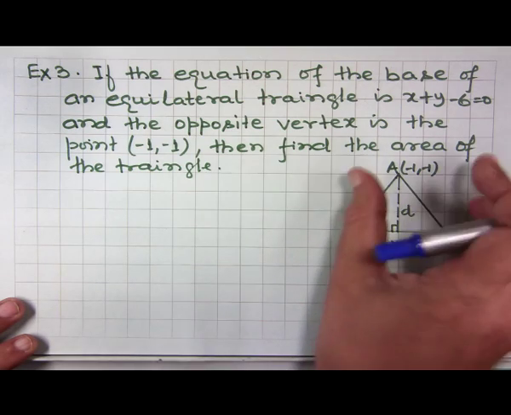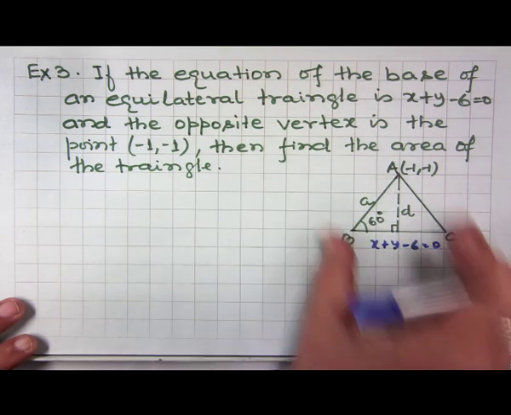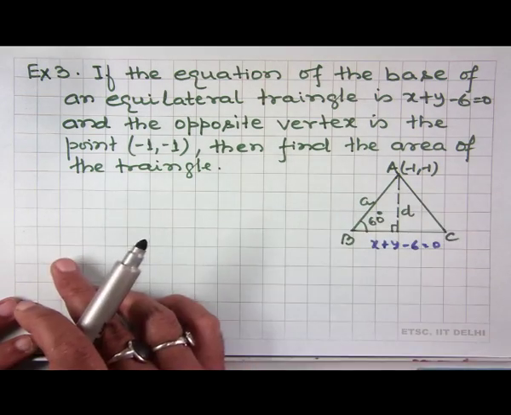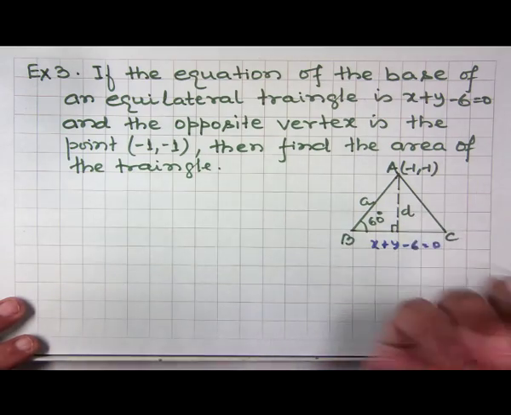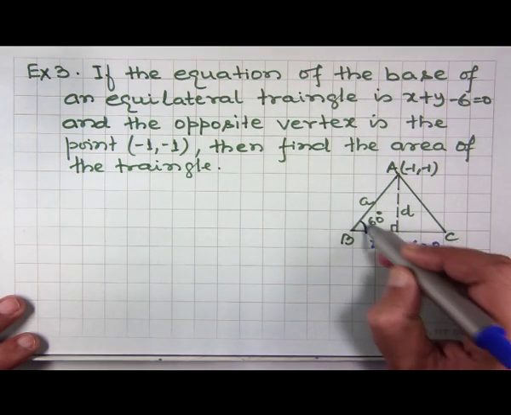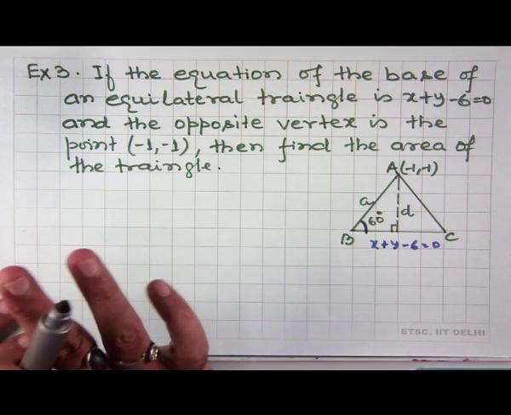So A is the opposite vertex of this base BC. Then find the area of triangle ABC. Since this is an equilateral triangle, every angle is 60 degrees.